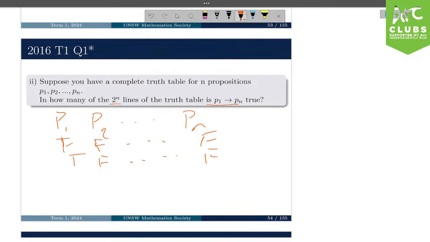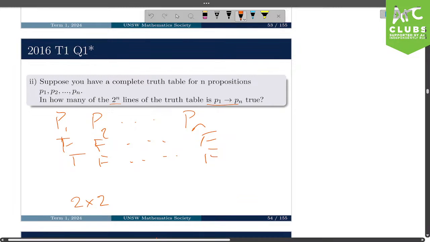For each of the columns, there are 2 choices. So it can either be true or false, and so the total number of rows in the table will be a product of a bunch of 2's, specifically n 2's. So this is where the 2 to the n comes from. There's 2 to the n lines because there are 2 to the n choices of true or false for n propositions.